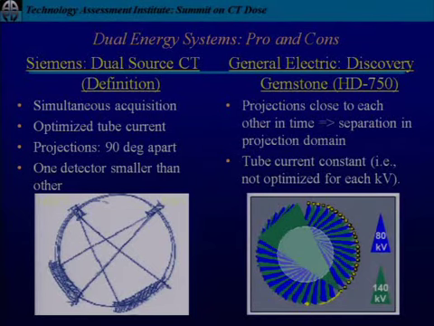You cannot simultaneously be doing tube current modulation. So you lose out a little bit on the dose because of that. These projections are 90 degrees apart. That means they're not essentially simultaneous. So you do not have projection level dual energy scanning when you're doing the dual source, while you can do that over here. So these are some of the pluses and minuses of these two.